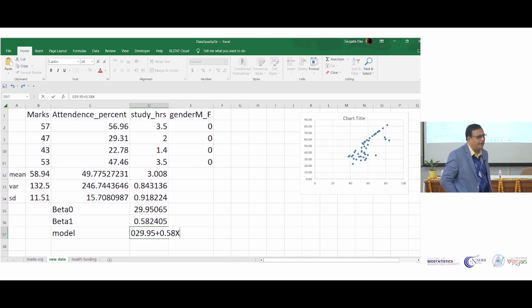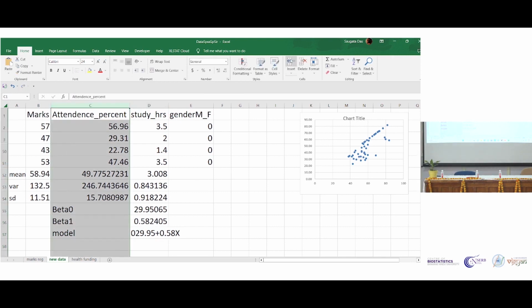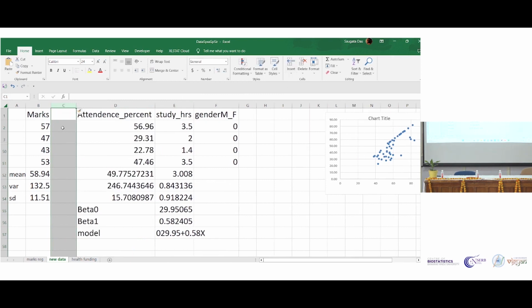SS of marks. क्या करना है? फट से एक लाइन इंसर्ट करिए. Insert equals to in bracket marks minus what? Mean is here. डॉलर लगेगा.